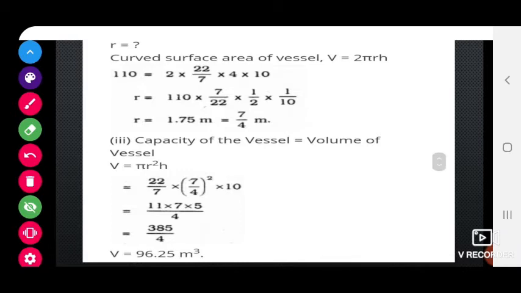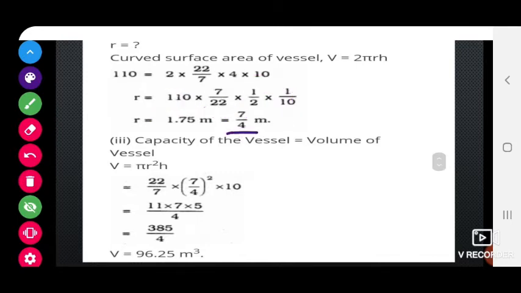Now we will start with the cancellation. Here 1 0 and here 1 0 will get cancelled. Here 22, here 11 ones are 11, 11 twos are 22. So finally we will get in the numerator 7, and in the denominator 2 twos are 4. So now we got 7 by 4.